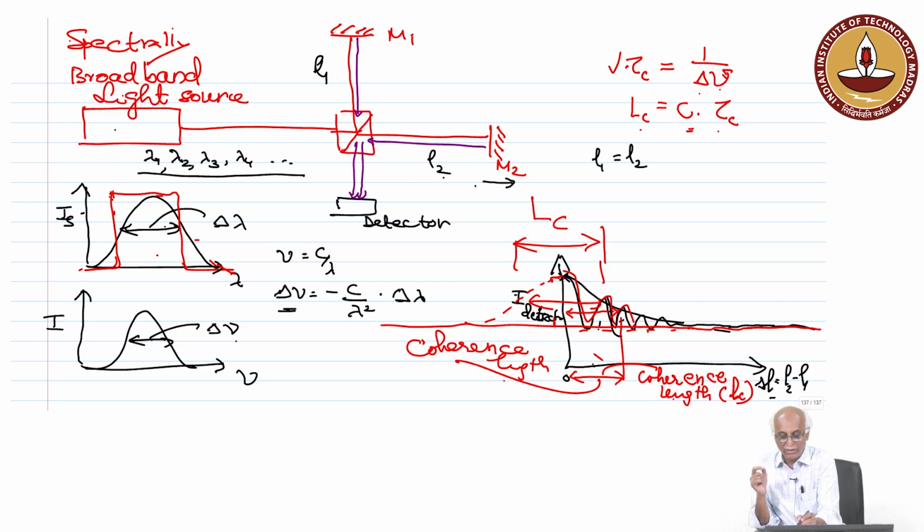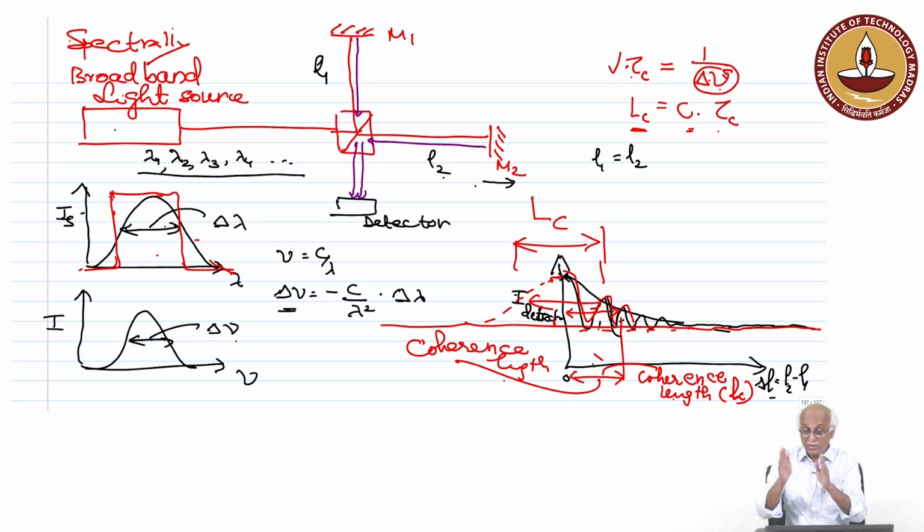So, if delta nu is small, as when a laser beam is used, tau c will be very large, so the coherence length will be large. But when delta nu is large, the spectral width of the light source is large, tau c will be very small.